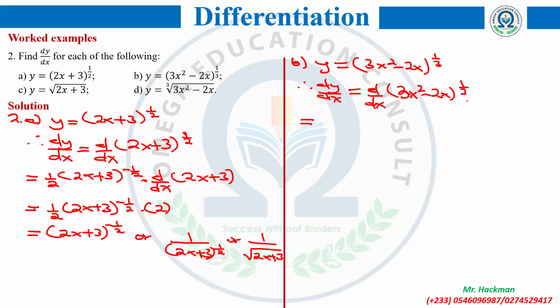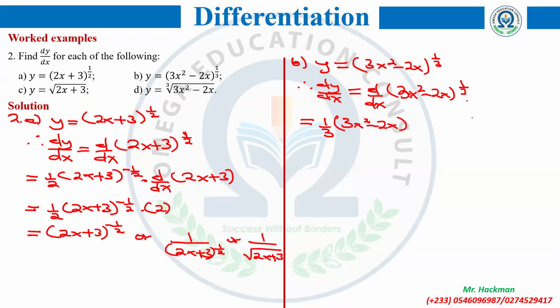So now let's look at what we have there. If I'm supposed to differentiate, I bring the power down. So 1/3 will come down. Do you agree? Deal with it the way you deal with normal differentiation. Keep your factor in brackets. So we have 3x squared minus 2x. Then reduce the exponent by 1.